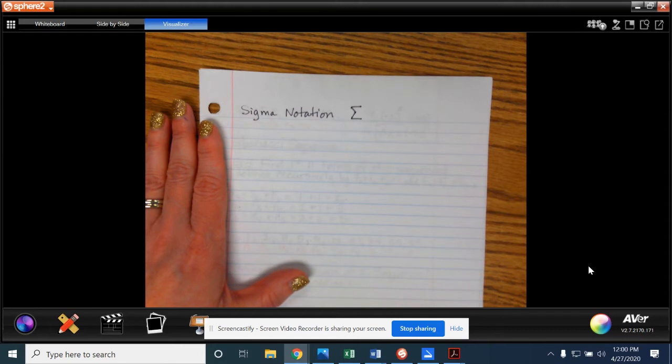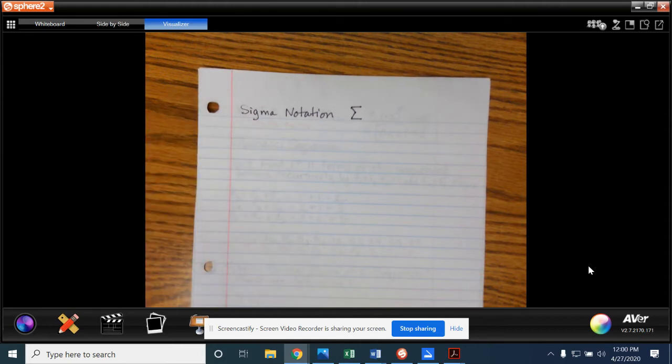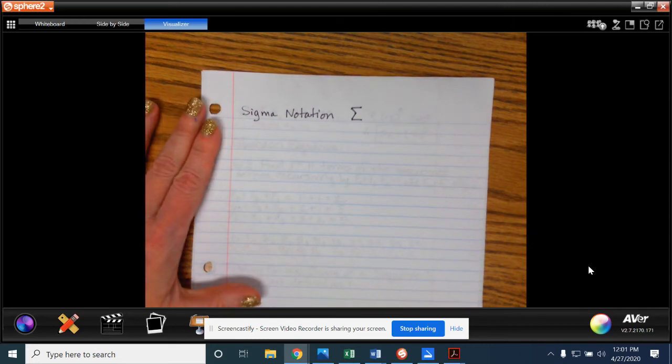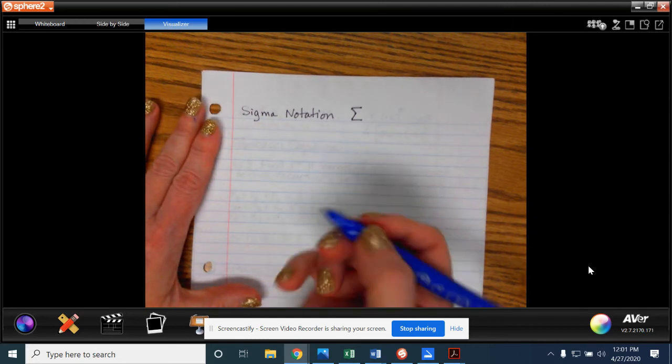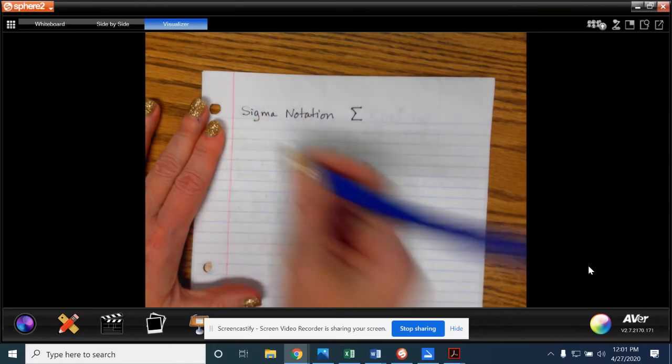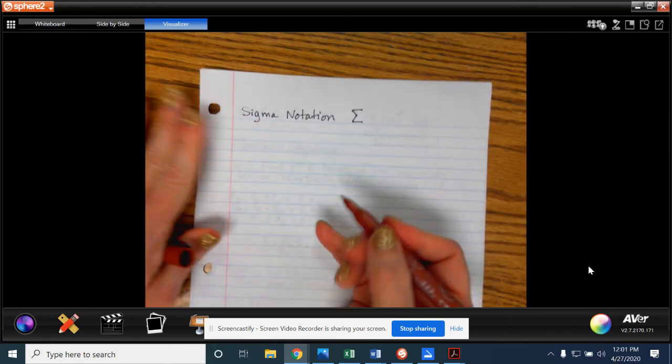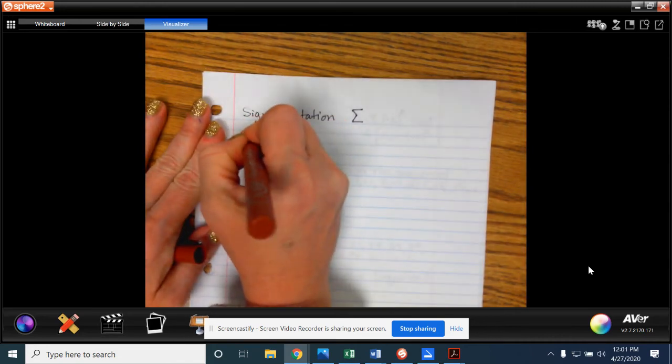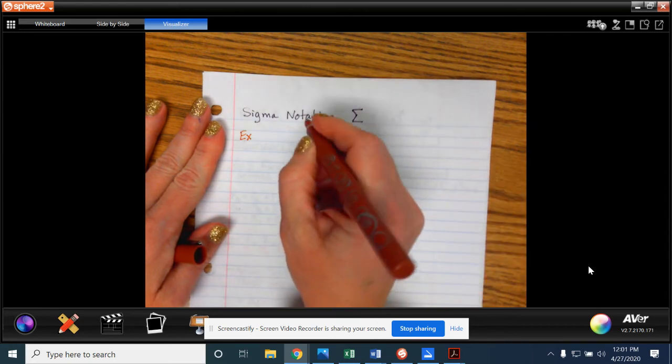So what does that mean? Well, I find it's easiest to understand with a problem. So let's actually just set up one, and let me get the other color. So example, let's set up and let's notate what this means.